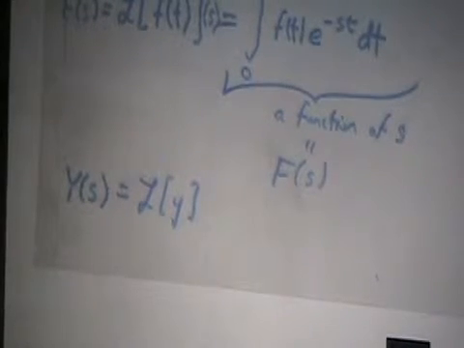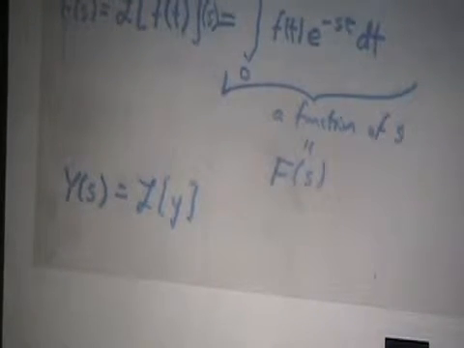Okay, so this is a strange idea, strange notation, and it takes some getting used to, but it's really not that bad once you get used to it. So that's what it is. It's definitely not clear that this would help you solve differential equations, but amazingly it does, as we will see as we go along here.